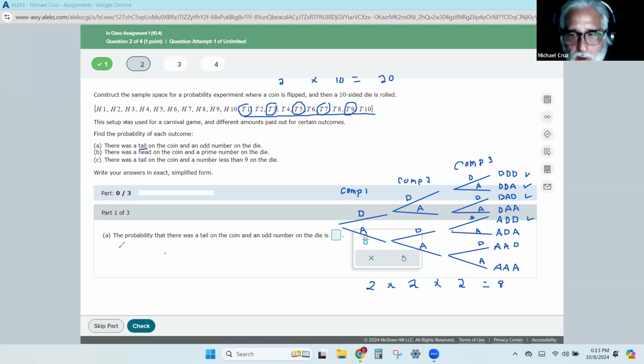That there was a tail on the coin. Probability of tail and odd. So now there are 1, 2, 3, 4, 5 of those out of a total of 20. And then this simplifies down to 1/4.